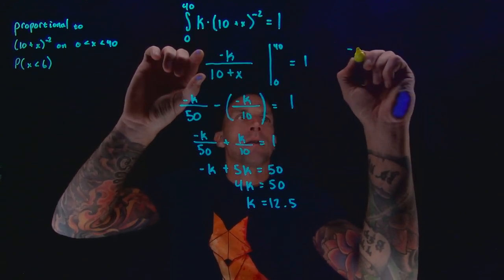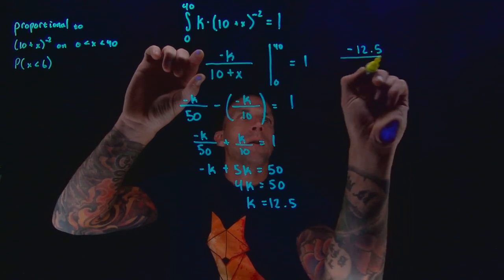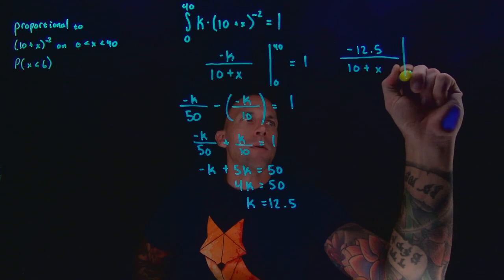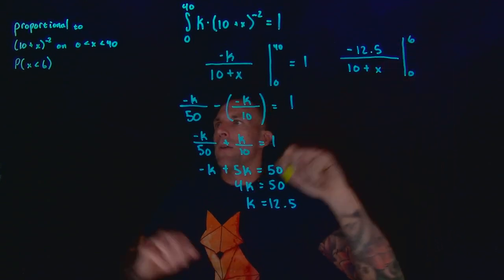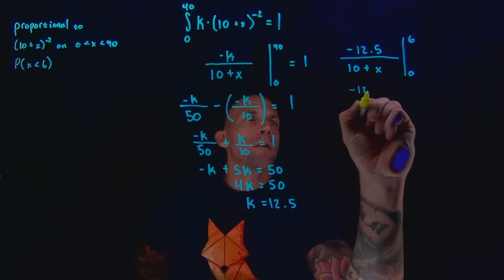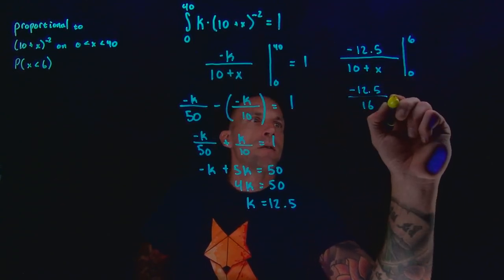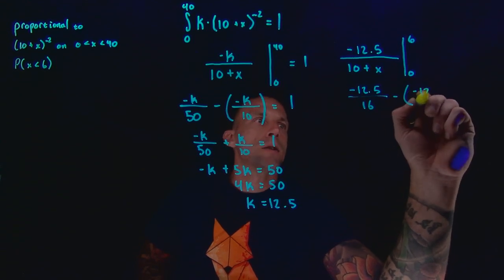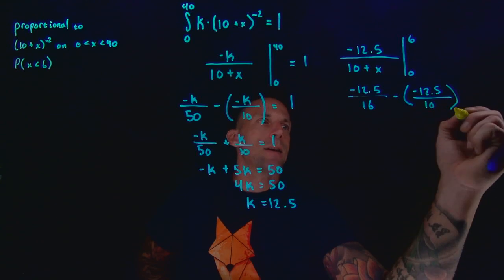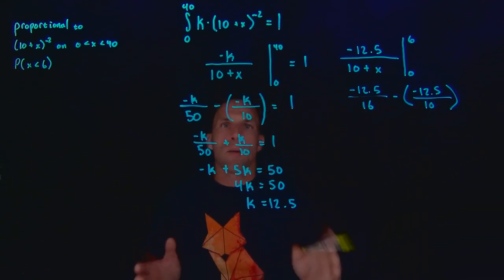So negative k is 12.5 over 10 plus x, evaluated from 0 to 6 to find the probability that x is less than 6. 10 plus 6 is 16, minus 12.5, 10 plus 0 is 10. And that's it. Be very careful with your negative signs anytime you're doing integration.